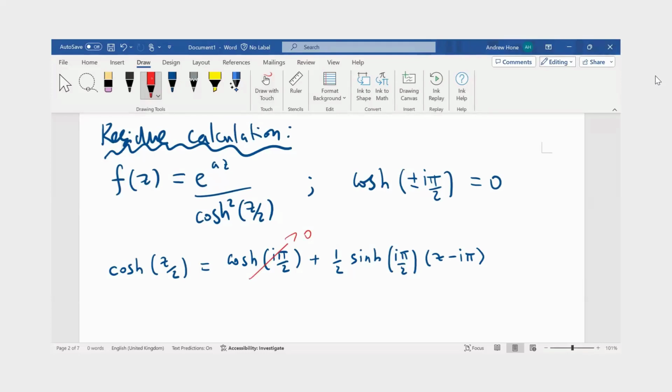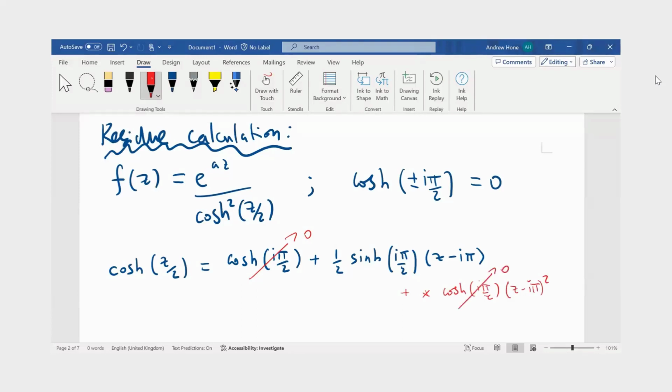And every time we differentiate, we're going to get alternating cosh and sinh. So the next term, when we work out the quadratic term in the Taylor series, that will have a cosh, something with a coefficient, and then cosh of i pi on 2 times (z minus i pi) squared, but we know that that's also 0.